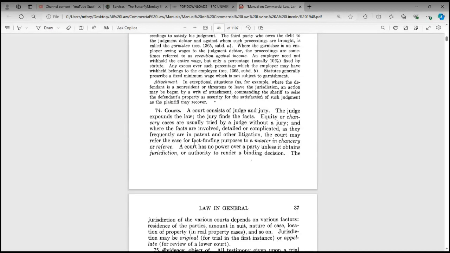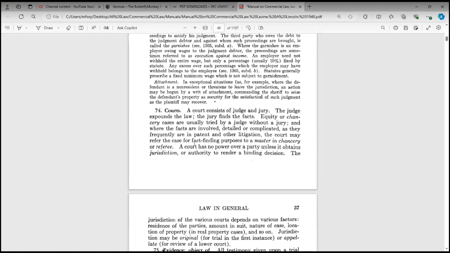74, courts. A court consists of a judge and jury. The judge expounds the law. The jury finds the facts. Equity or chancery cases are usually tried by a judge without a jury.